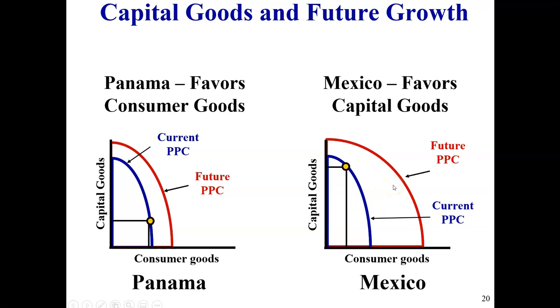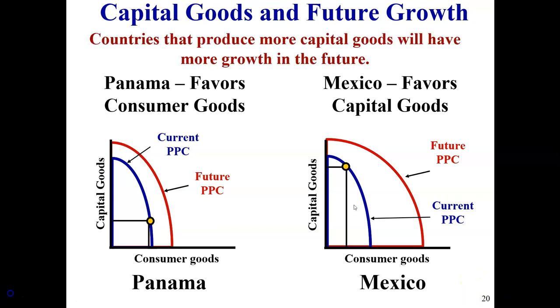There's much more potential for growth if a country's going to invest in capital goods, which is going to allow them to produce a lot more than a country that's producing just consumer goods. So think about why that makes sense.